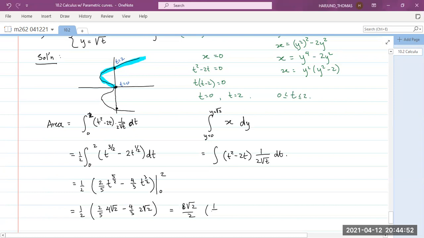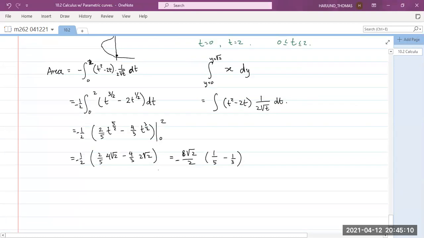Huh? Why do I get negative area? Oh, because that's to the left of that. So it should be negative here, negative here, negative here. So that's positive 8 square root of 2 over 15.